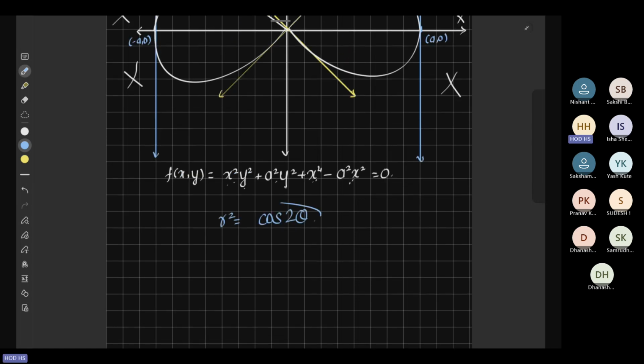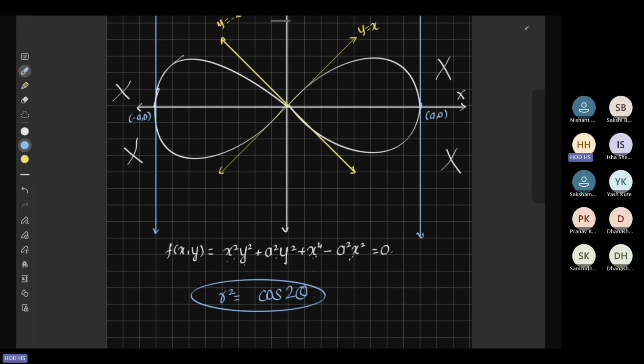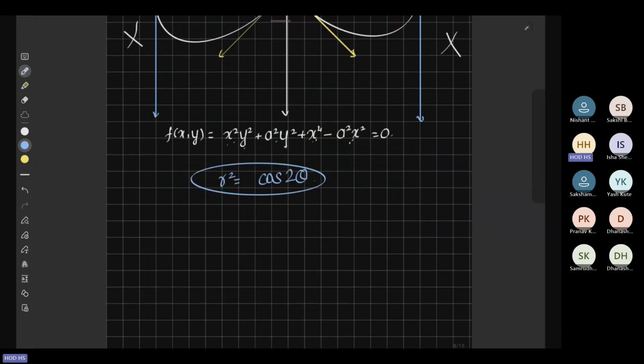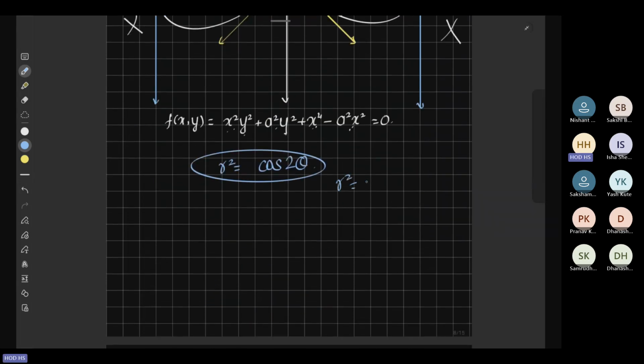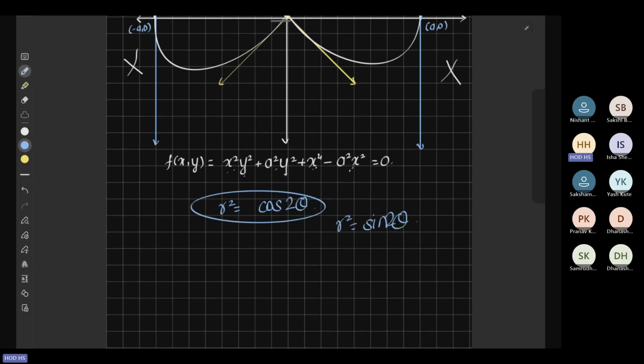So notice that the equation that we are actually drawing is part of our polar curves also. I can give this same curve in polar coordinates as r square is equal to cos 2 theta. We have already solved an equation like this one, r square is equal to sine 2 theta, in class. So it is quite similar to that one, but we have just converted that into Cartesian coordinates.